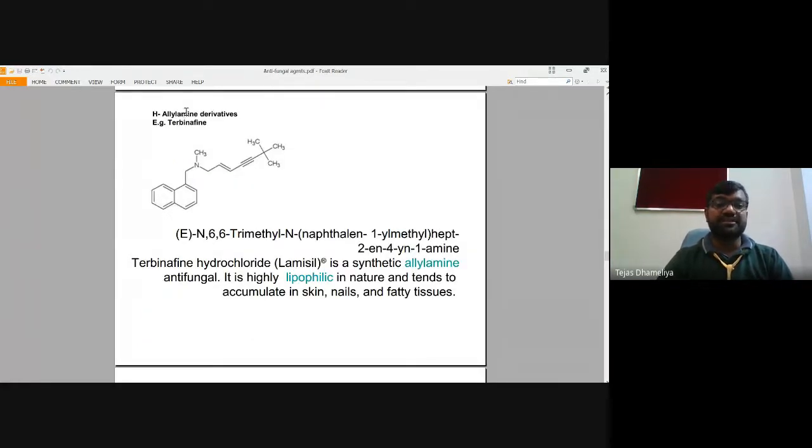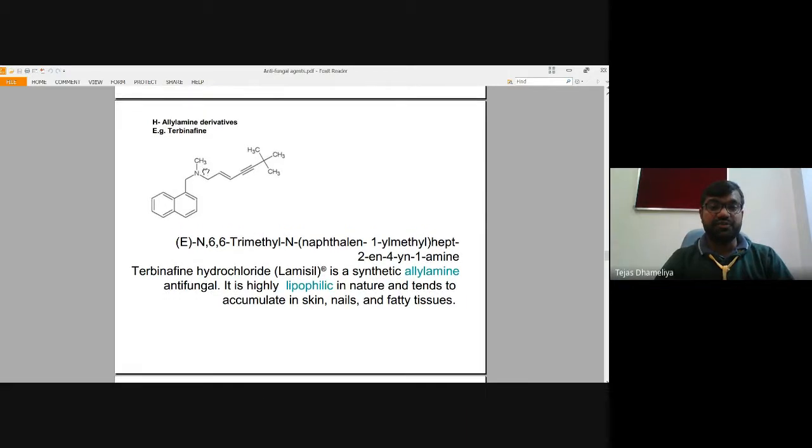And this one is an allylamine derivative. We have not seen this before, but in allylamine, CH2 double bond CH2 is connected with CH2, and that CH2 is connected with N, which is the amine.